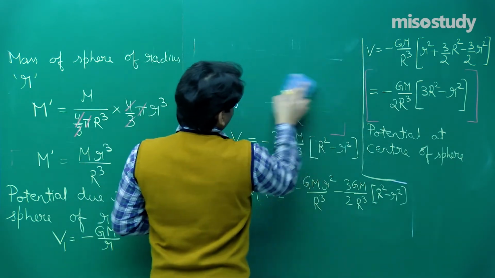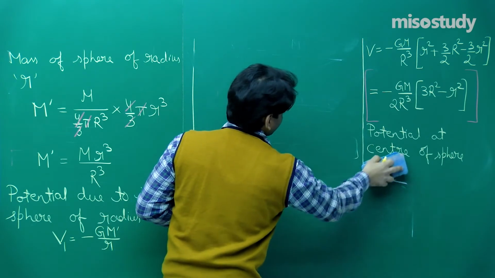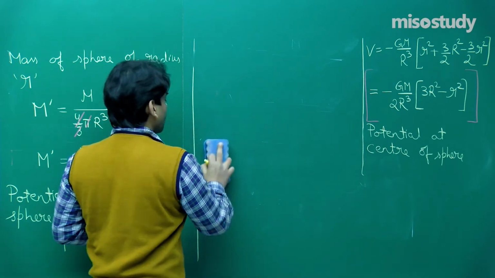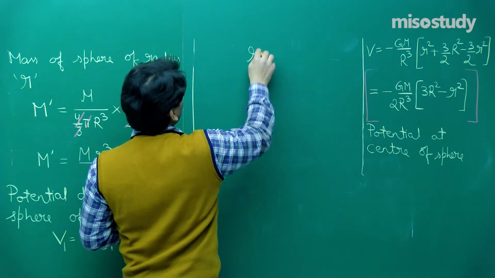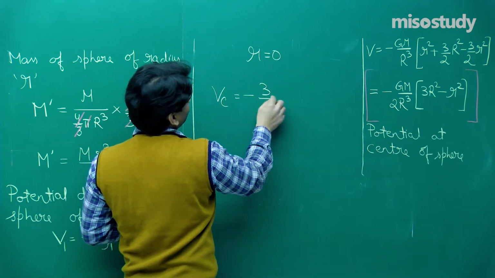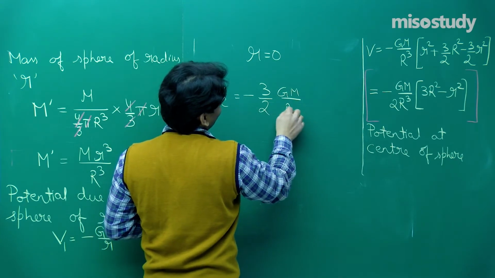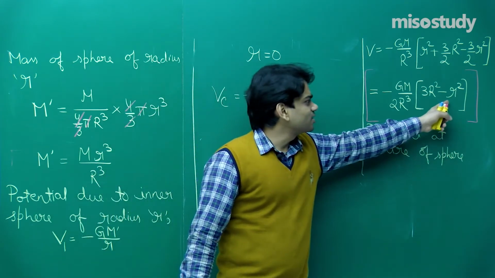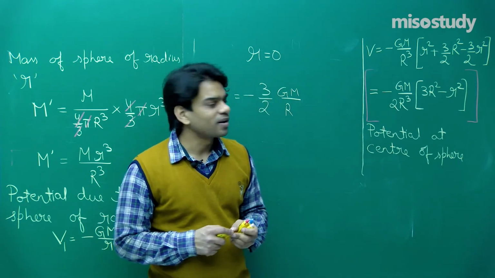That will come out to be, just substitute the value of small r as 0. The value of potential at center will be nothing but minus 3 by 2 GM by R. Easily you can check: you can keep the value of r as 0, the r square terms will cancel out, and you will be left with minus 3 by 2 GM by R.